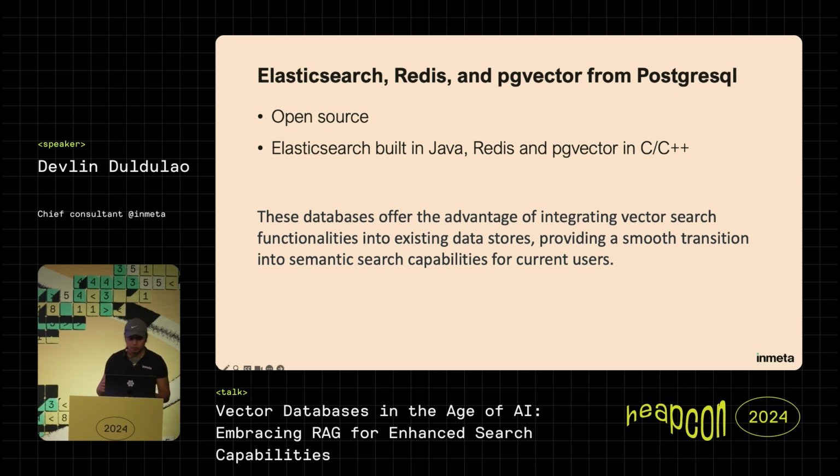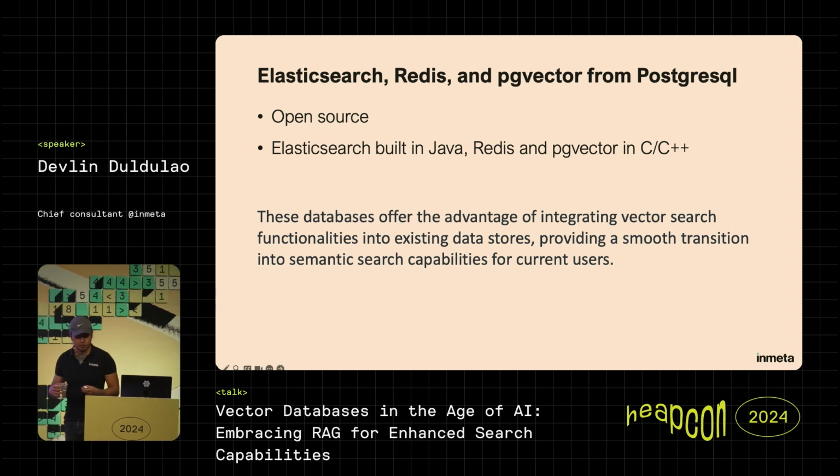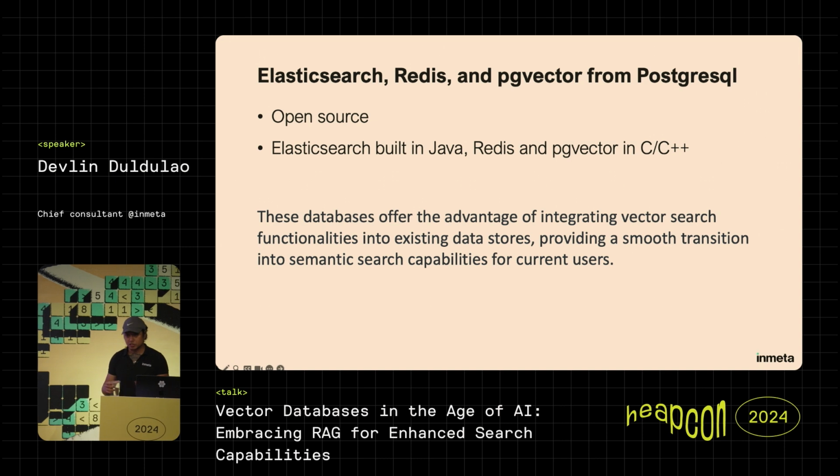These databases offer the advantage of integrating vector search functionality into existing data stores, like Elasticsearch and Redis. I would recommend trying all of them before deciding which one to choose, because each one has a different developer experience, in my opinion. Sometimes you decide because this one is really good and the docs are really good.